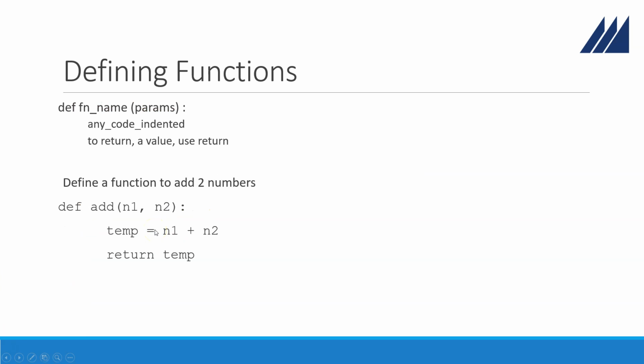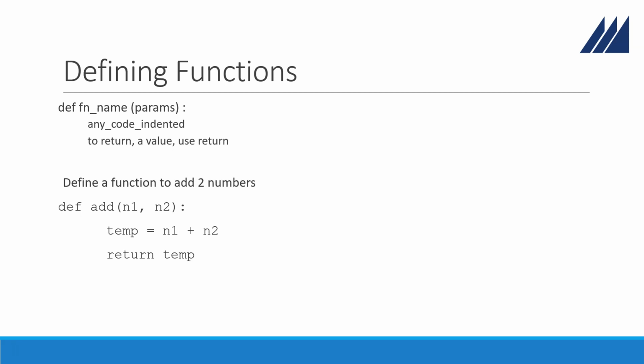Let's go back again to the first part, defining the function. As you can see in this video, I have a template of what is in the function, and in the second part I have an example of defining a function. Again, remember, the main purpose of defining functions is to break down your program into smaller chunks of code so you can focus and pay attention to this part only.